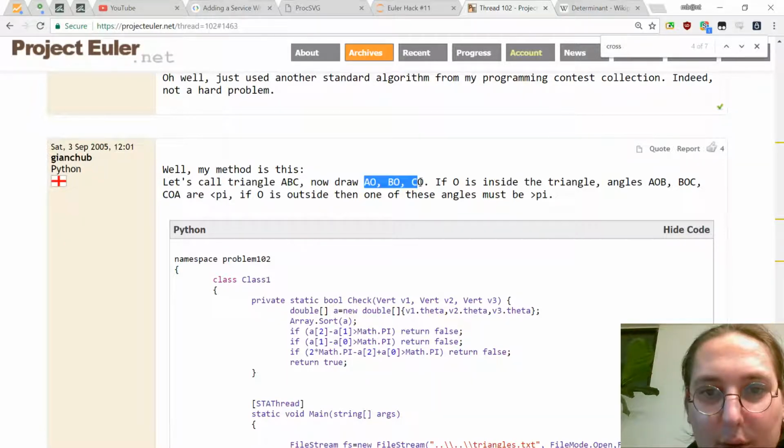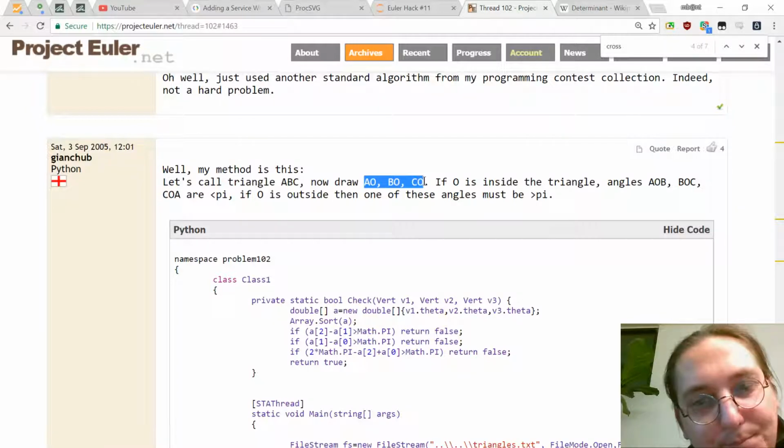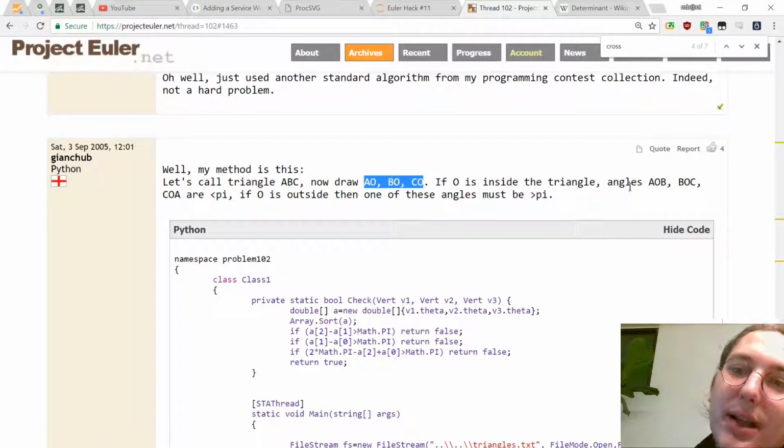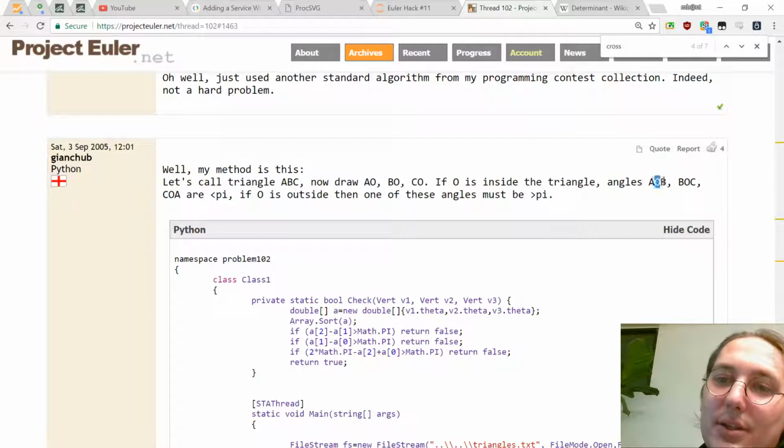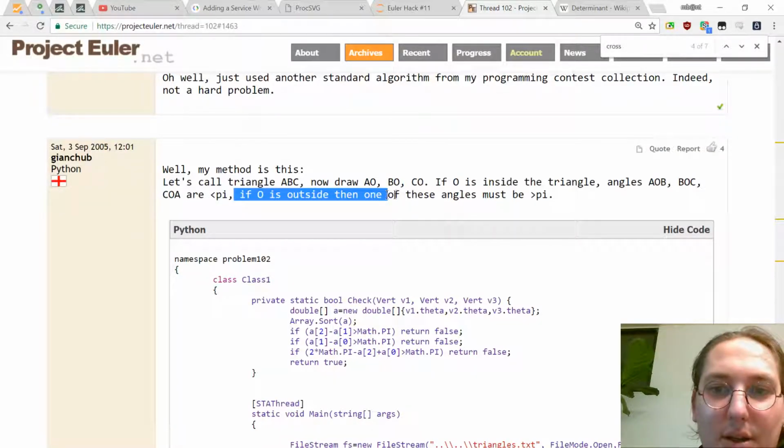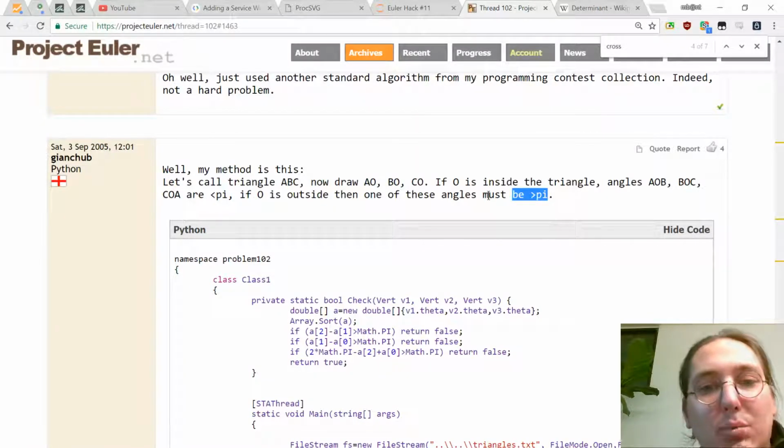Now draw. Okay, I draw these lines, sure. If O is inside the triangle, the angles of this are all less than pi. If the origin is outside, then one of them will be greater than pi, I suppose.